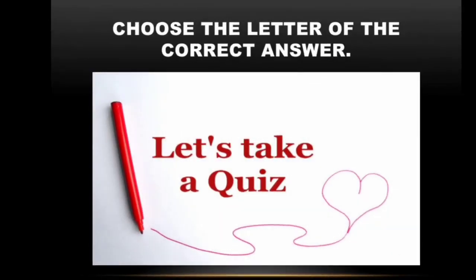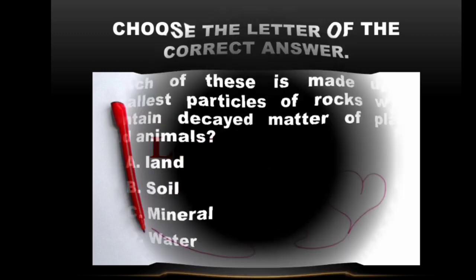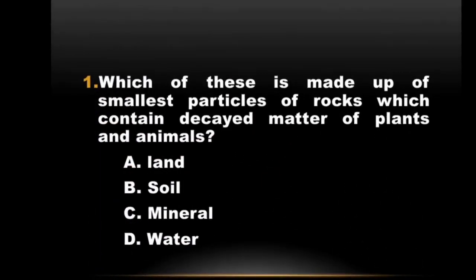Now, let's take a short quiz. I want you to prepare a pen and a paper, then choose the letter of the correct answer. Are you ready? Number 1. Which of these is made up of smallest particles of rocks which contain decayed matter of plants and animals?